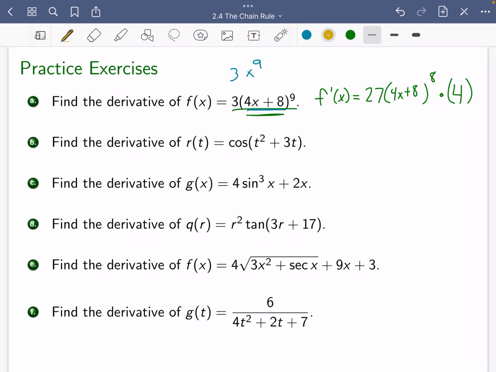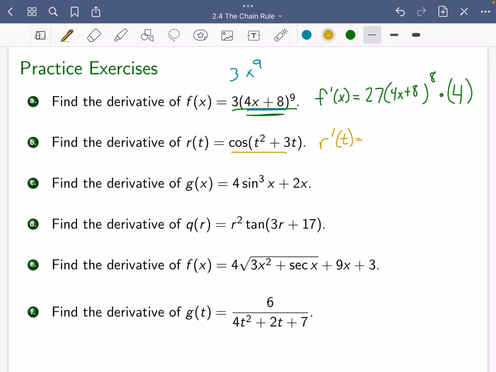All right, let's look at our next problem. Next we have r of t is equal to cosine of (t squared plus 3t). So our derivative, we need to again identify the outside and inside function. So our outside function is cosine. On the inside is the t squared plus 3t.